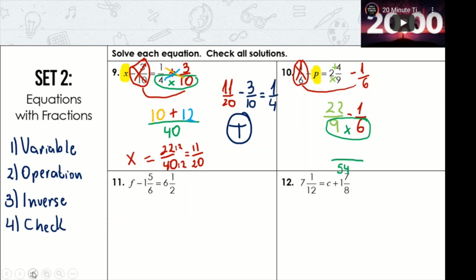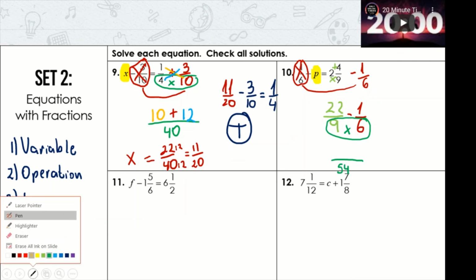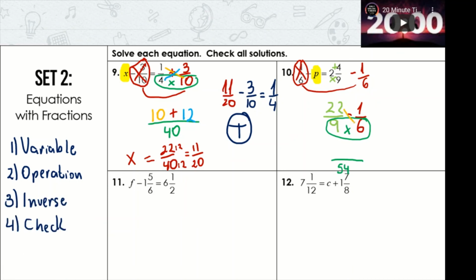And cross multiply. Let's start with orange. 22 times 6. 6 times 2 is 12, carry 1. 6 times 2, 12, plus 1, 13. 132.